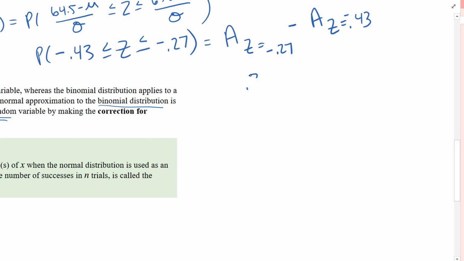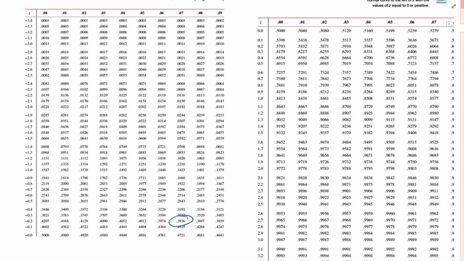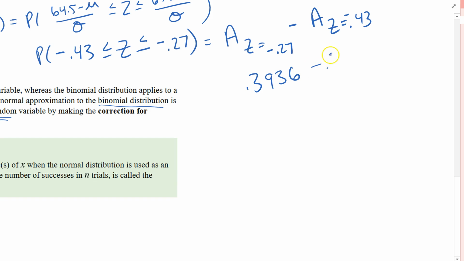Then for minus 0.43, I get 0.3336. So 0.3936 minus 0.3336 gives me 0.06.